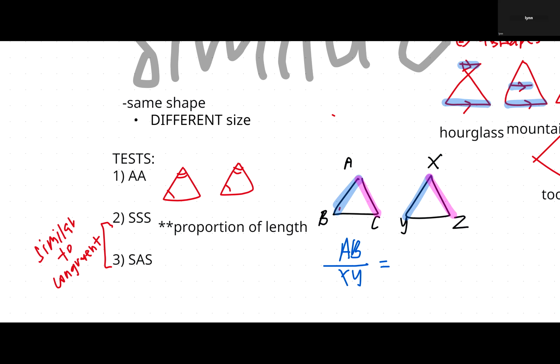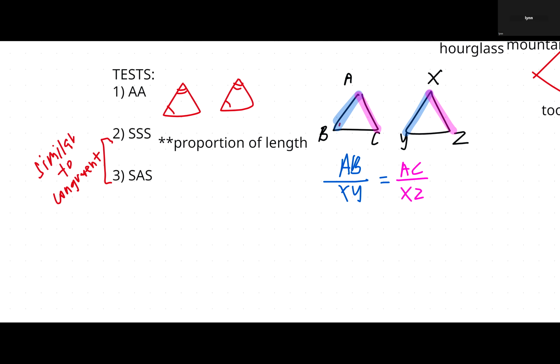Or I can go the other way. What else can I use also? BC over YZ is equal to who?